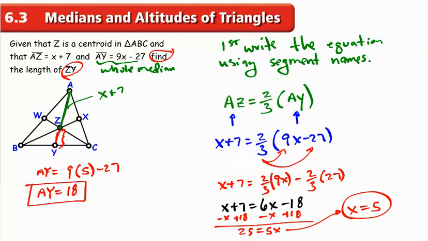And if you recall, we said the distance from the base to the centroid is 1/3 the entire median. So we can say that ZY is equal to 1/3 of AY, and 1/3 of 18 is 6. So there is our algebraic example with medians and centroids.